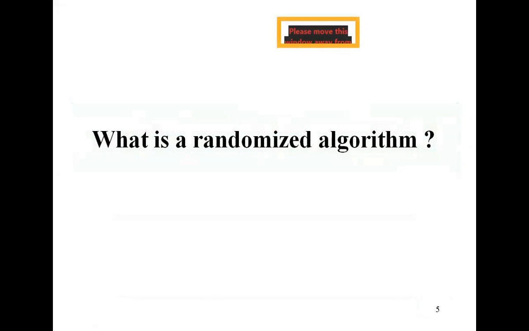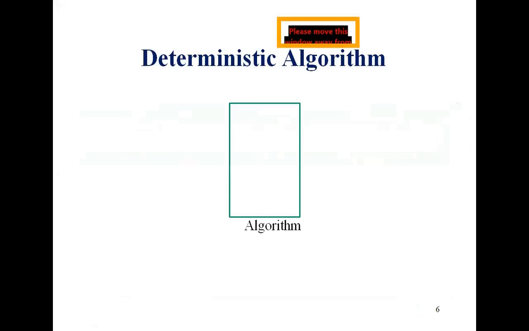Now, what is a randomized algorithm? Mainly we have deterministic algorithm and randomized algorithm. Already you know about deterministic algorithm. In the deterministic algorithm, we have an algorithm and given input.